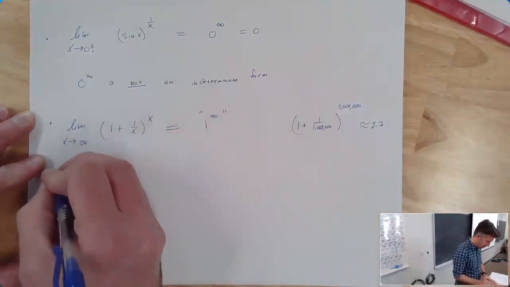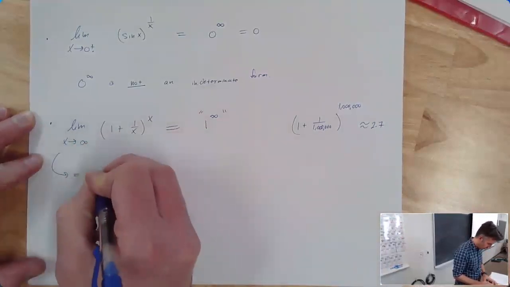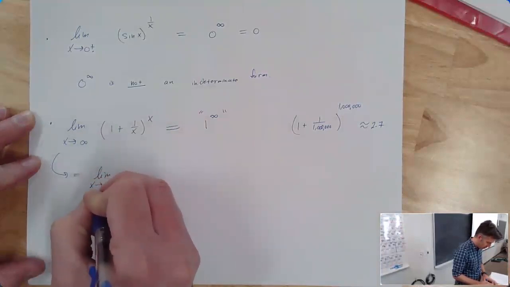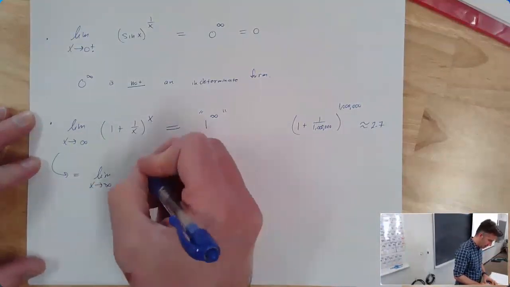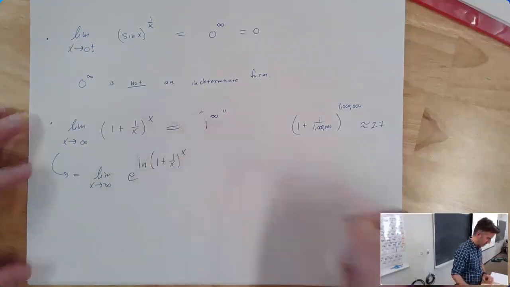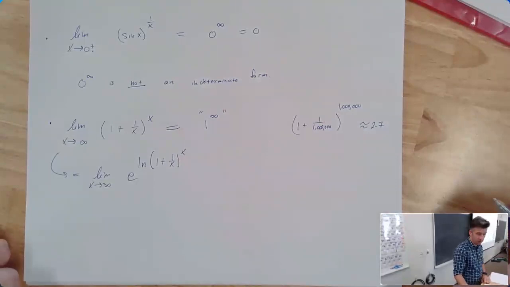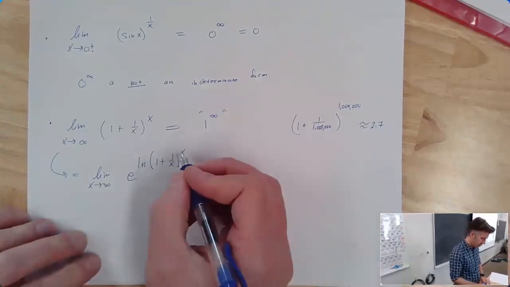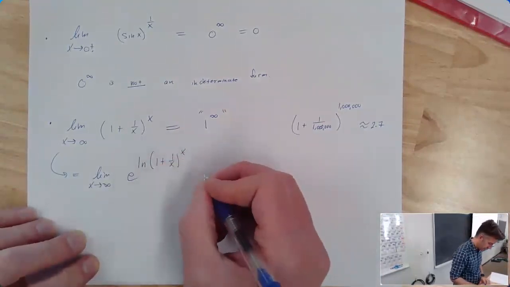So doing this, I'm going to rewrite this as the limit as x goes to infinity of e to the natural log of 1 plus 1 over x to the x. And then we're going to do the usual 2 steps. We're going to bring the x down in front of the natural log.